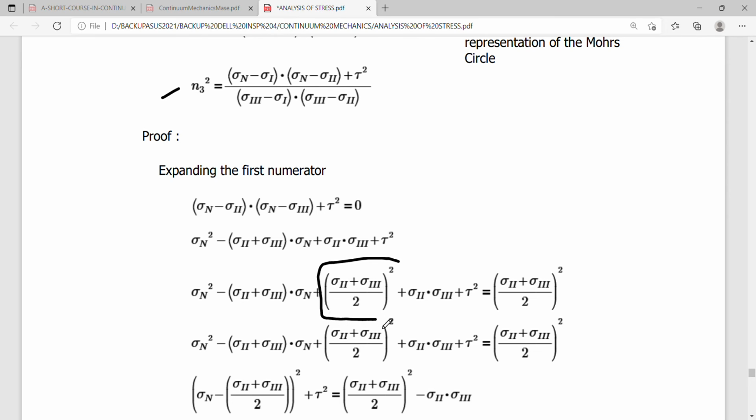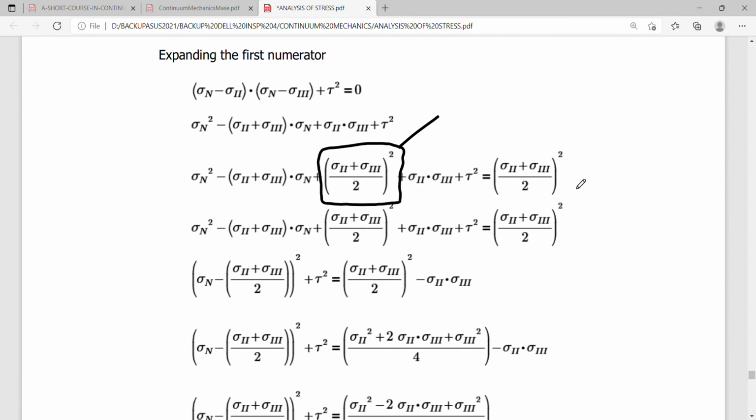So this value is the completing expression that will complete the square of these three expressions here. Okay, so if we add something on the left side, we need to add the same thing on the other side. So this is just to complete the square.